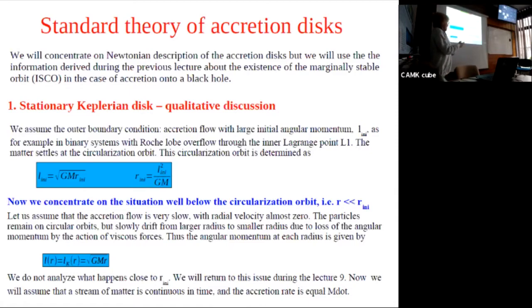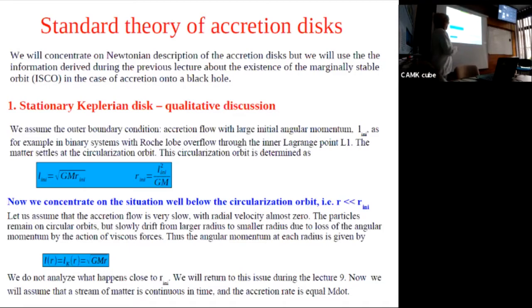And we will now concentrate on the part of the disk which is far from the actual source of the material. When we were talking about Roche overlap and flow through the inner Lagrange point, we had certain angular momentum and then circularization orbit, and then the material had to somehow settle.